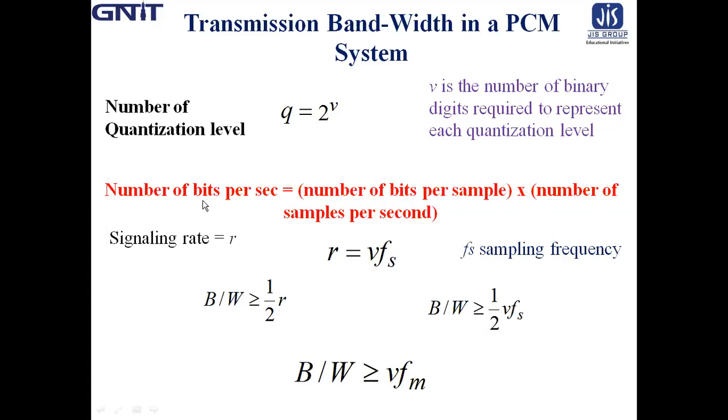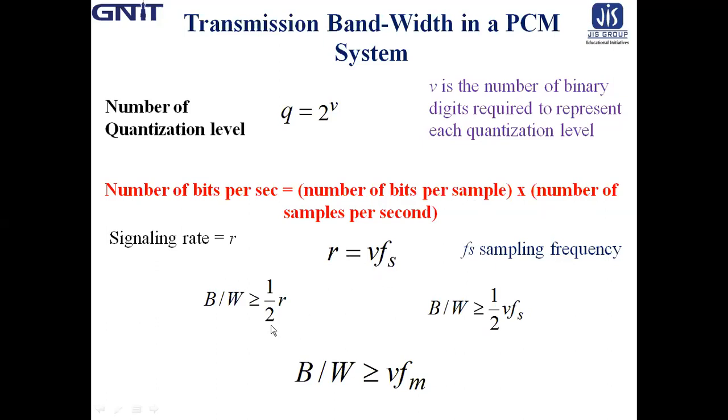This is the bit rate or signaling rate, denoted as R. So signaling rate R is equal to V into Fs.